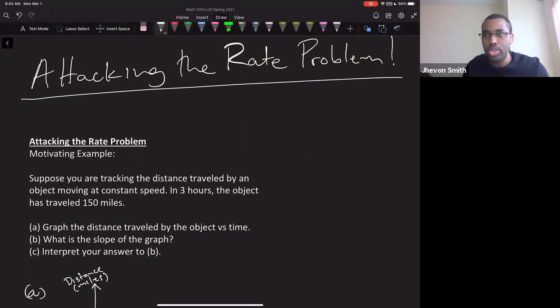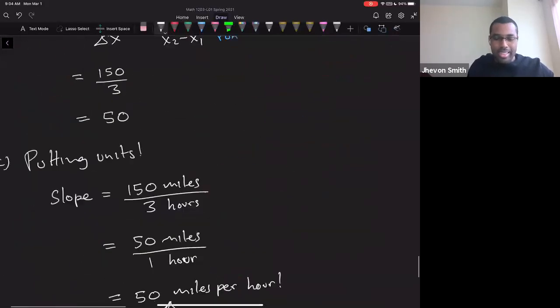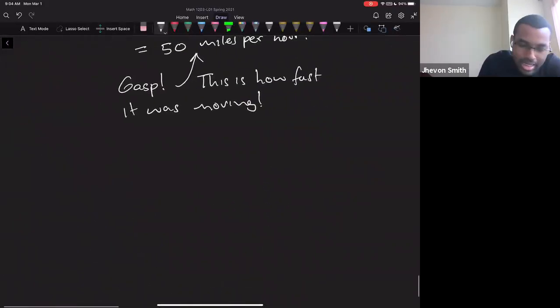I know how to figure out how fast something is moving, provided it's moving at constant speed. However, look around you. How many things move at constant speed? How many things are always traveling at the same speed all the time? Almost nothing, right? So the question is, can we generalize this?